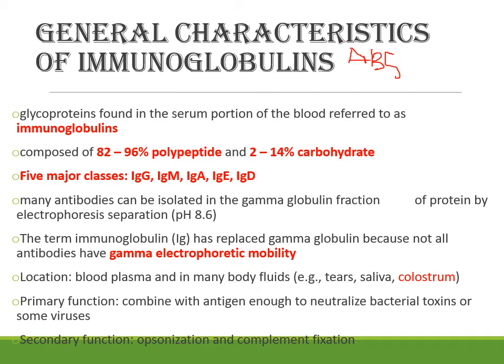Always remember, guys, that your immunoglobulins, even though they are considered proteins, the main difference from the other proteins is that they are being produced by your B lymphocytes and not by the liver. There are five major classes of immunoglobulins.